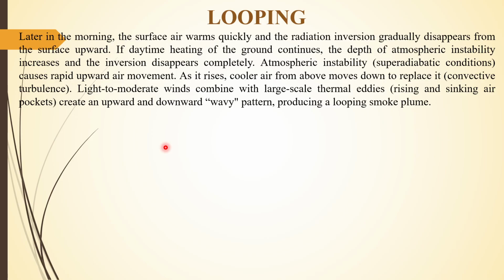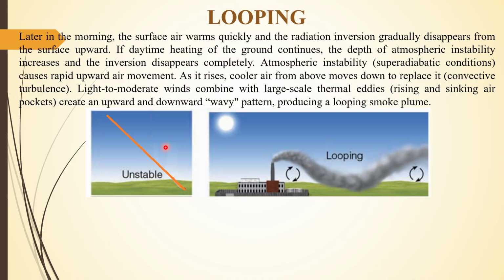As it rises, colder air from above moves down to replace it. Light to moderate winds combined with large-scale thermal eddies create an upward and downward wavy pattern, producing a looping smoke plume.